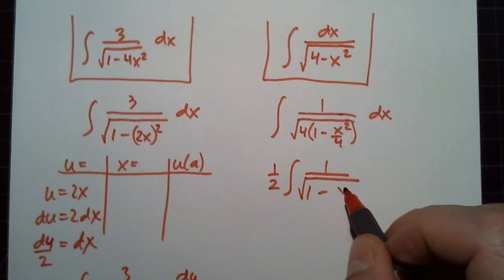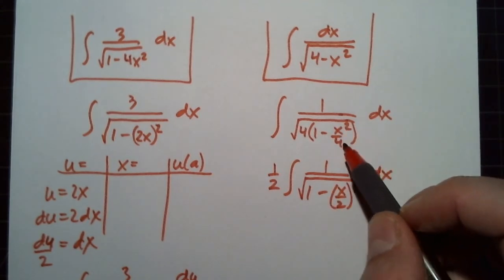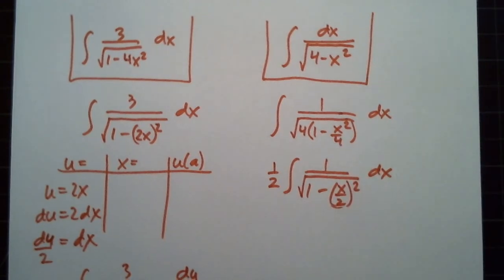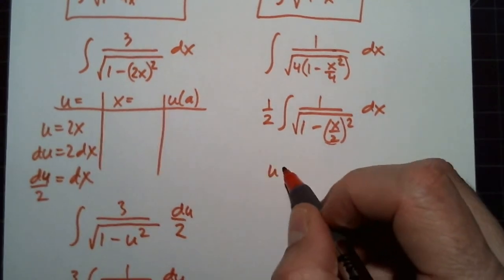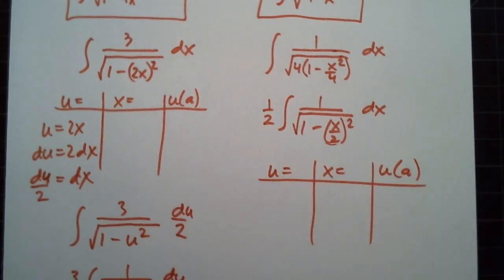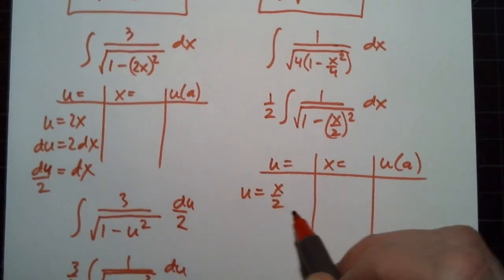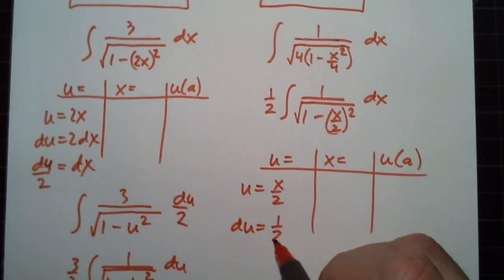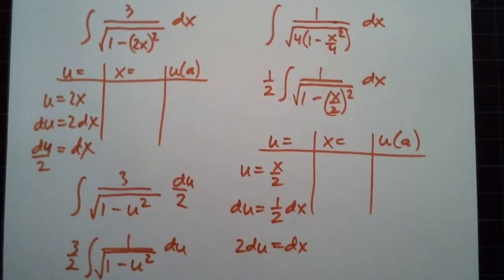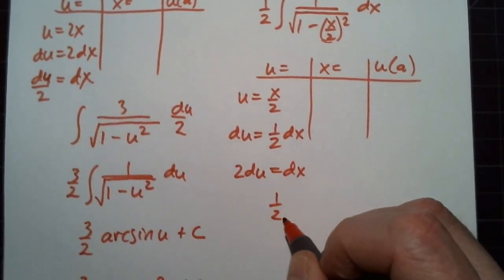And then we need to make this be one thing squared. It can't be a square on top and not a square on the bottom, so it's x over 2 squared, and that's what u is. So let u equal x over 2, du is 1/2 dx, 2 du is dx.